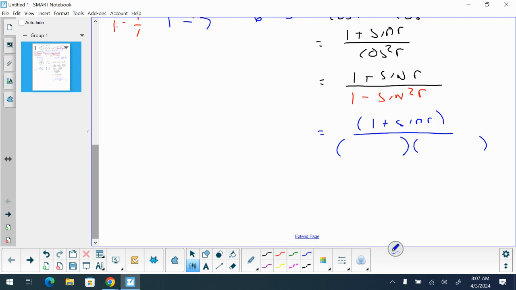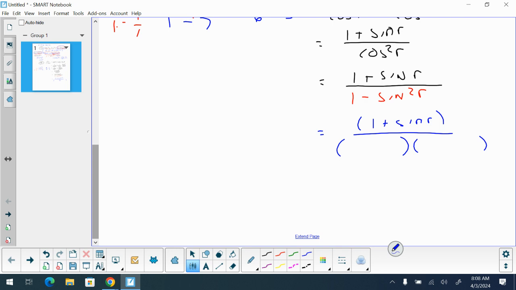Factoring as a difference of perfect squares. If we have 1 minus sine squared, what would be your two factors if you factor as a difference of perfect squares? I think we actually wrote them down as we went through this initially.